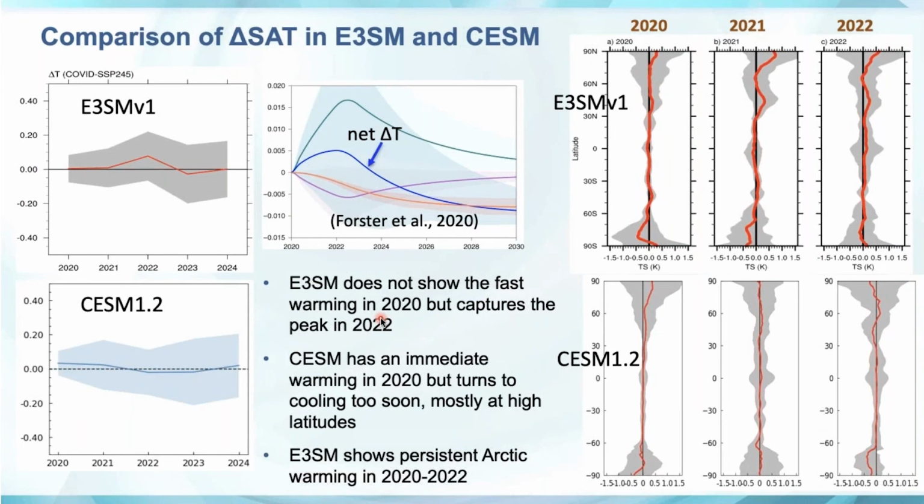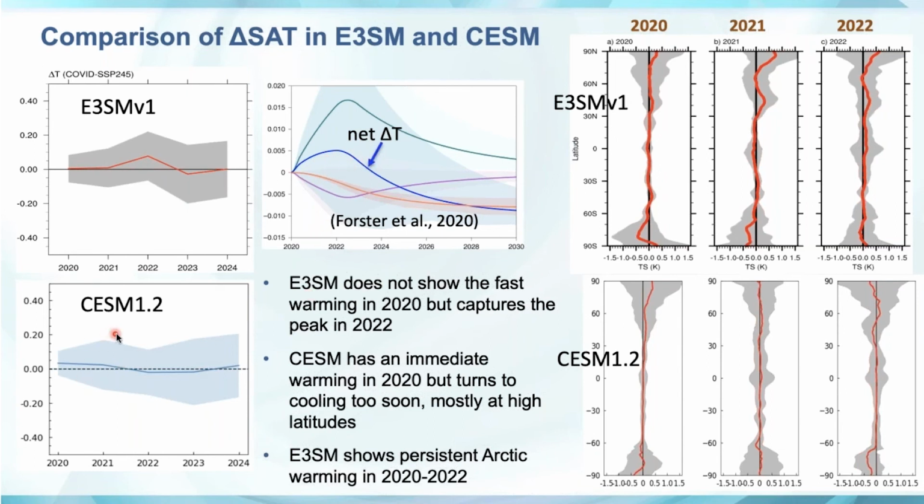So if we compare the surface air temperature change in E3SM and CESM, and also with a simple energy balance model, which is just a response to the forcing change. The E3SM model here does show a slower warming from the beginning of the forcing, but it peaks in 2022, consistent with the simple energy balance model.